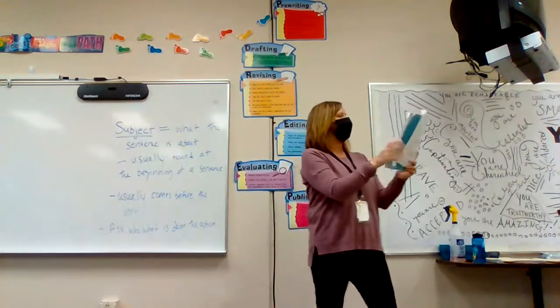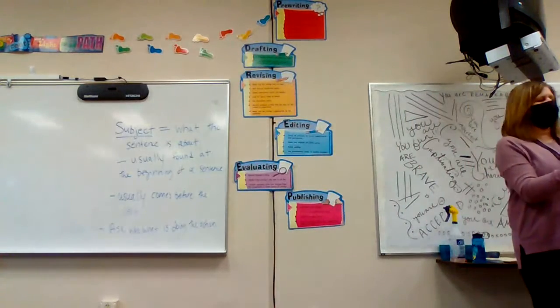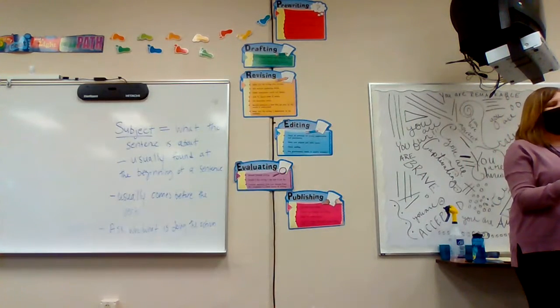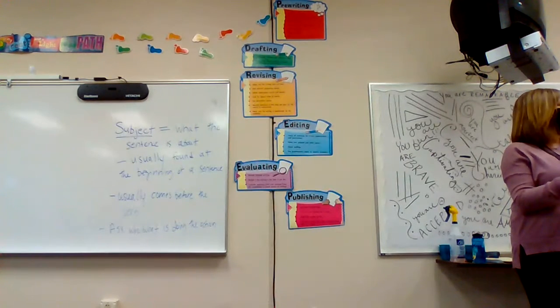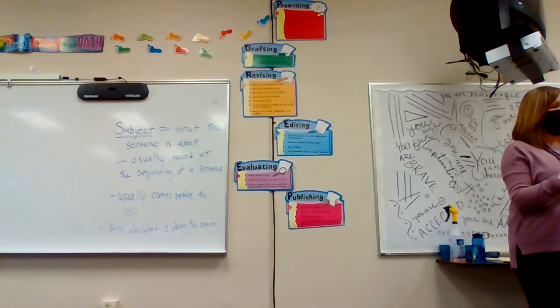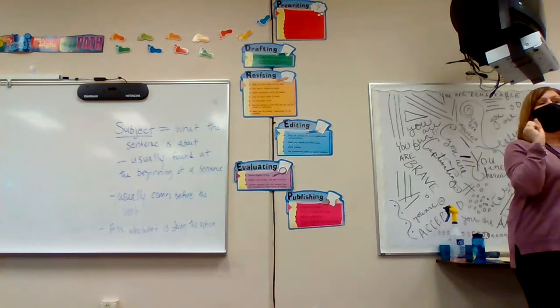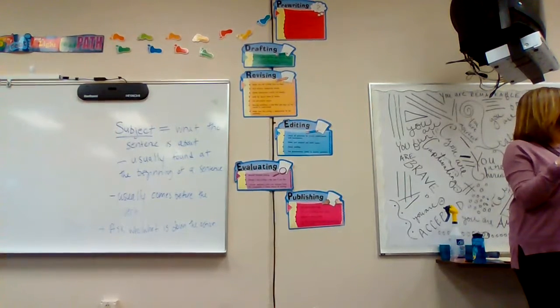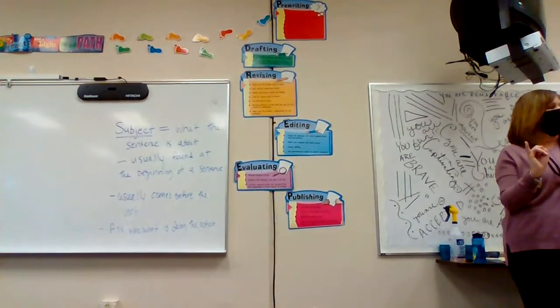Here's what I want. Let's look at the directions on page 9. It says underline each subject once, underline each subject complement twice. Not all sentences have a subject complement. You can either underline or circle or highlight the direction that says underline each subject once.